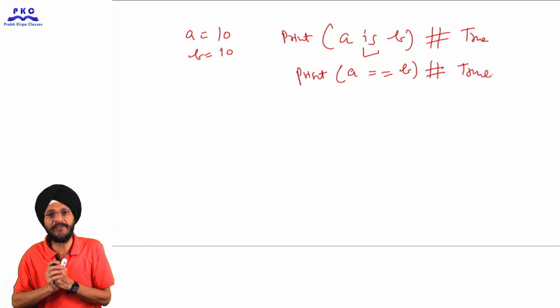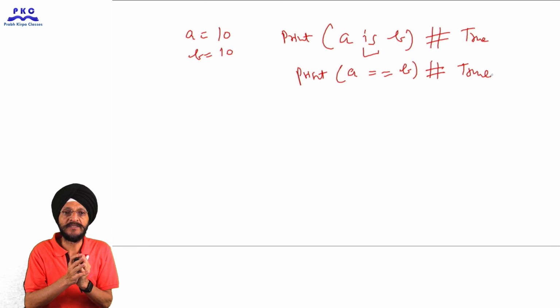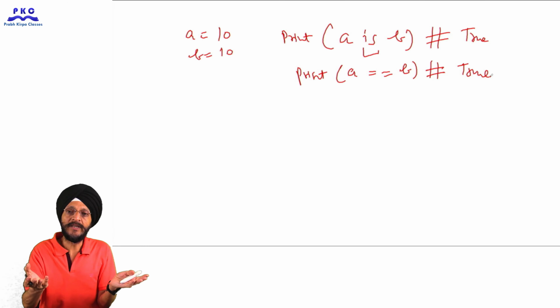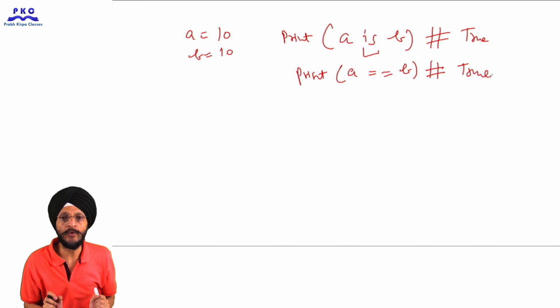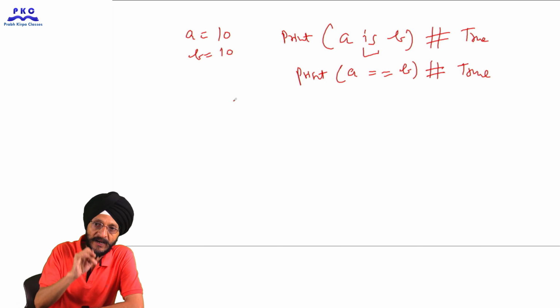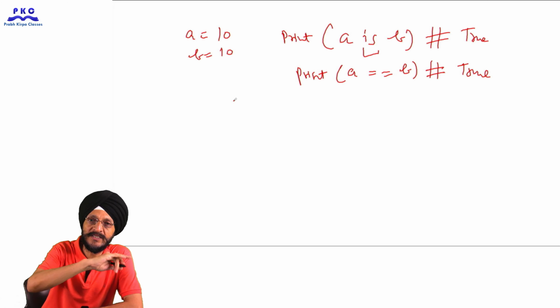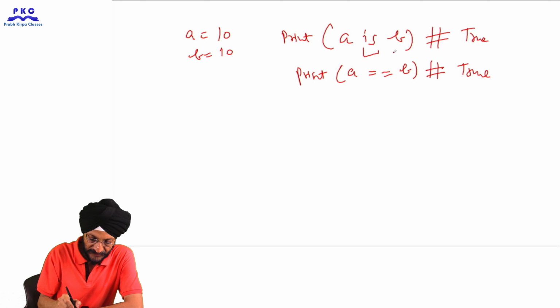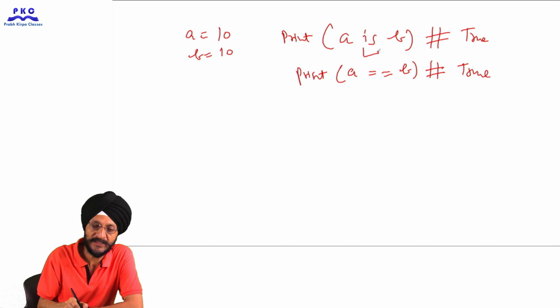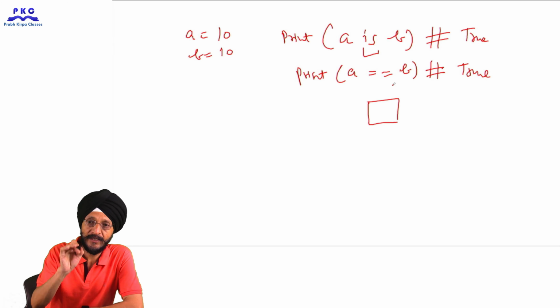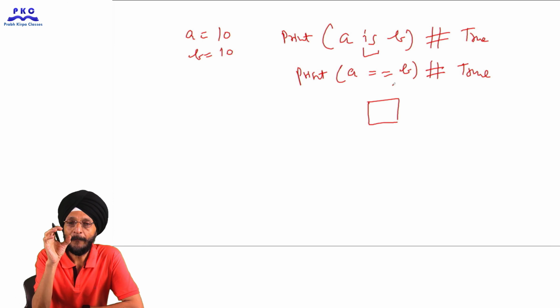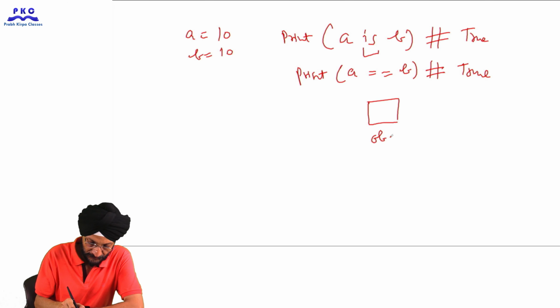So what is the difference between the two? In both cases the equality operator is giving the result as true, and the identity operator is also true, but the working of the identity operator and the equality operator is different. The identity operator is comparing the object ID of the two variables.